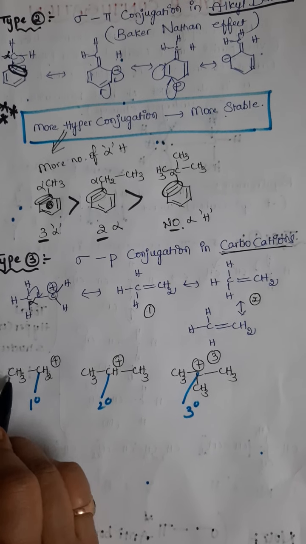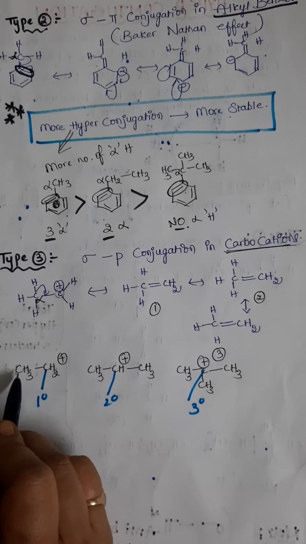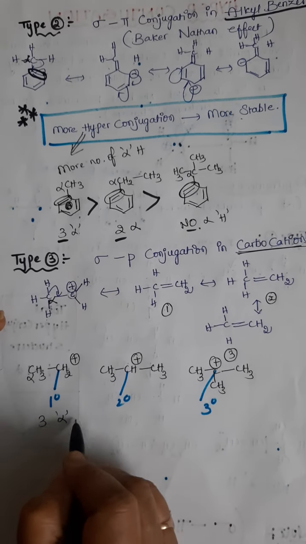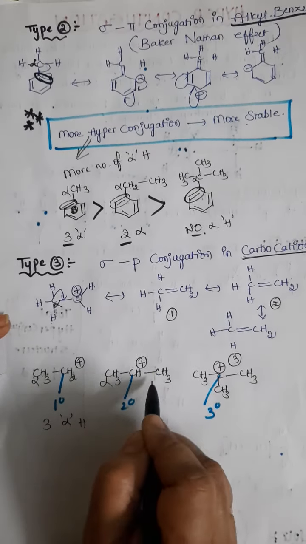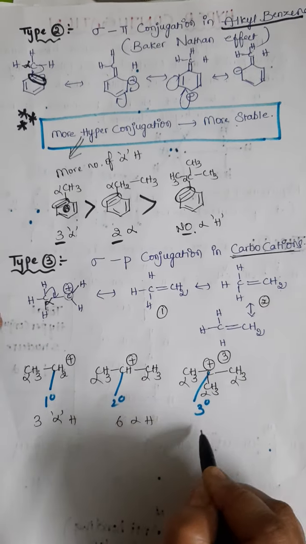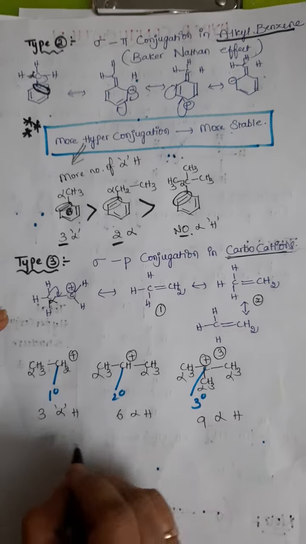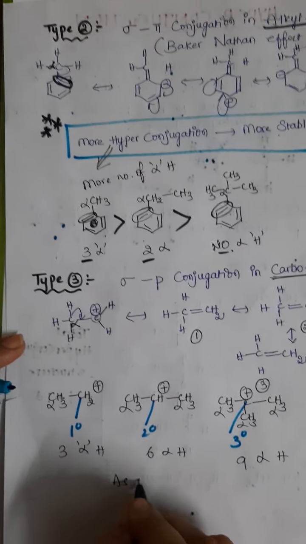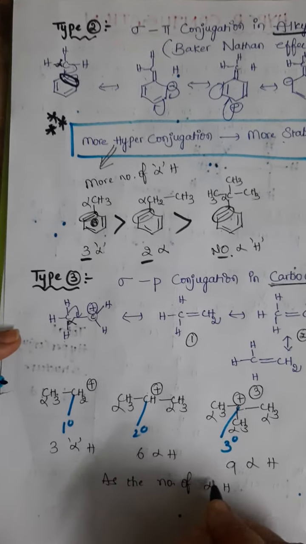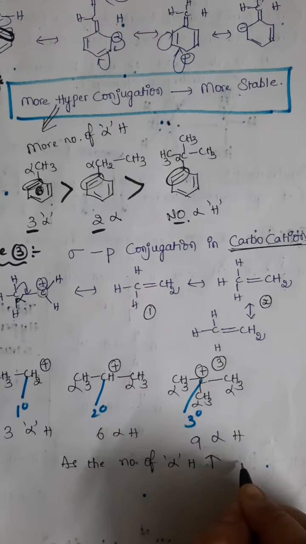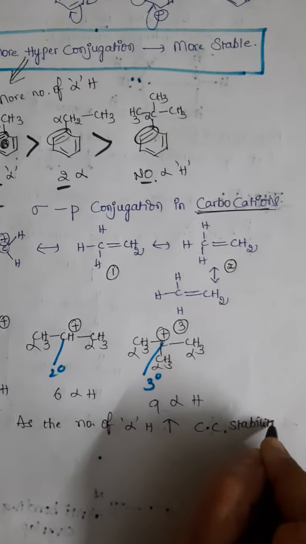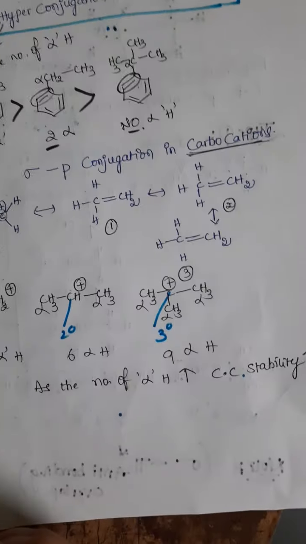With respect to the positively charged carbon, this is the alpha carbon, which has 3 alpha hydrogens. It has 6 alpha hydrogens, alpha, alpha, alpha, totally 9 alpha hydrogens. So what I said, students, is that as the number of alpha hydrogens increases, carbocation stability also increases.